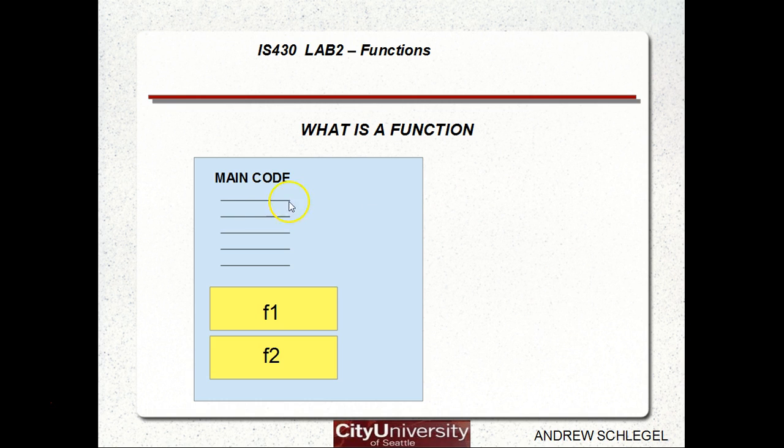Times 4 is easy, but what if you're trying to calculate the speed of your rocket to the moon, and it has hundreds of variables like rocket fuel and weight, and it's a long, huge calculation? Then you don't want to copy and paste that into your code every time. You just have this box, this function, and you call it.